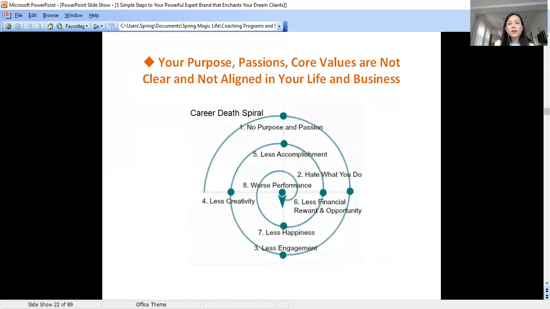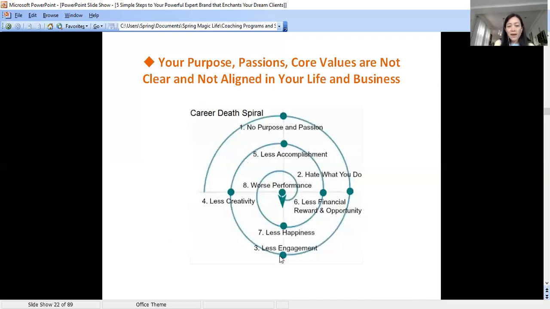So regarding your purpose, we can see a death spiral. The purpose, passions, and core values are not clear. When they are not clear and not aligned in your life and business, starting from number 1, with no purpose and passion, or not clear purpose and passion, you will really not enjoy what you're doing.